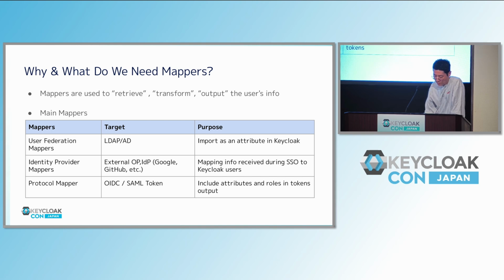Here are the main types of mappers. When integrating user information from LDAP or Active Directory, we use user federation mappers. When integrating with external OpenID providers, we use identity provider mappers.